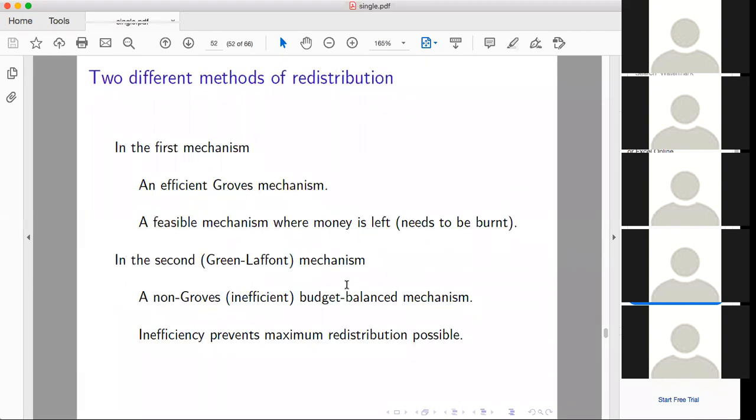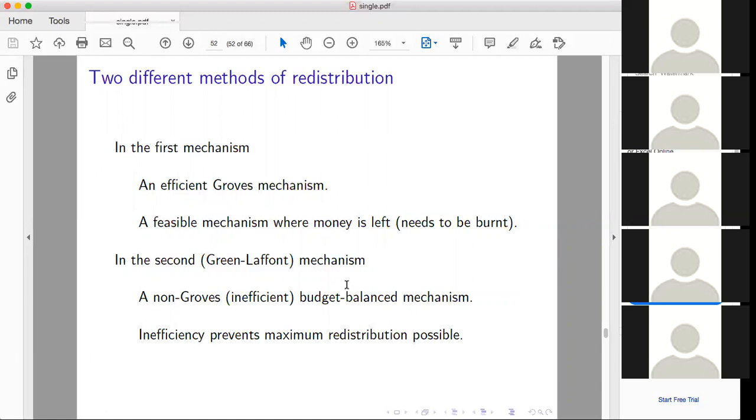So in the first mechanism, we had an efficient Groves mechanism, but it was a feasible mechanism where money was left on the table, and that money needed to be burned. Everything that you cannot redistribute is something which needs to be burned, because if you distribute it in some ad hoc manner, we will destroy either the incentive or participation constraint.